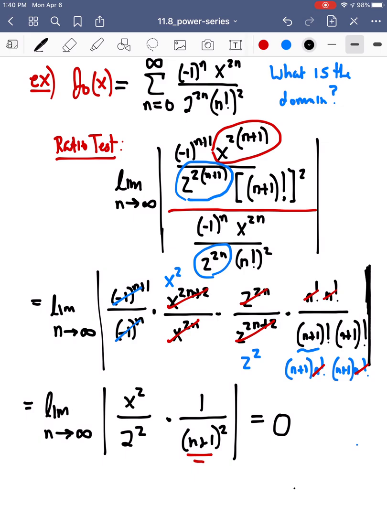So what does this tell us? Well, again, for ratio test, what we want is that this limit is less than 1. Well, the limit is always less than 1 because it's equal to 0.